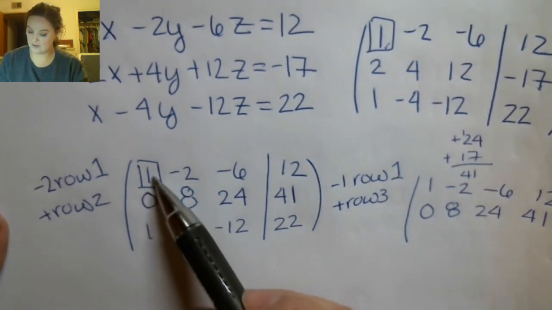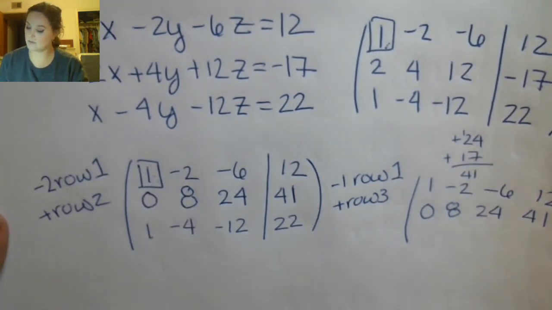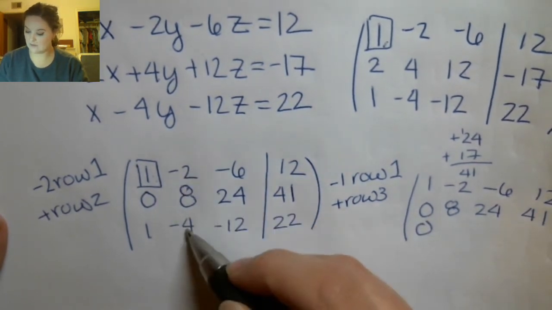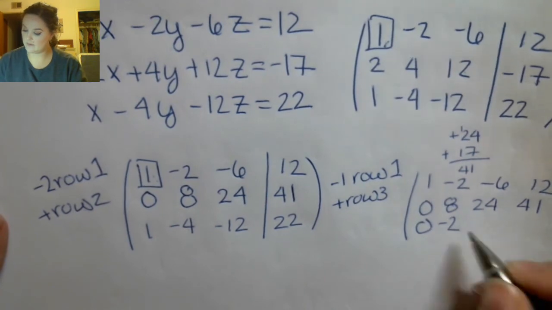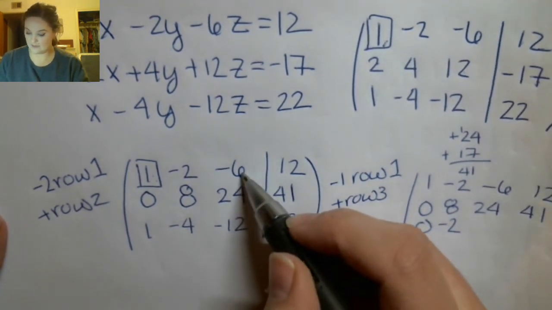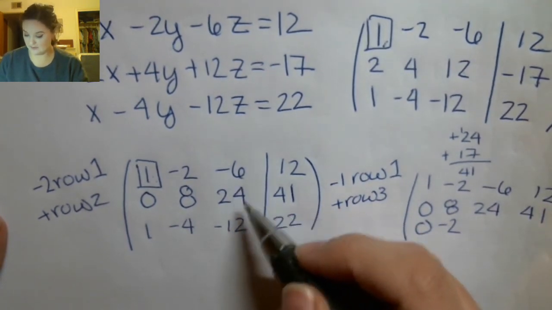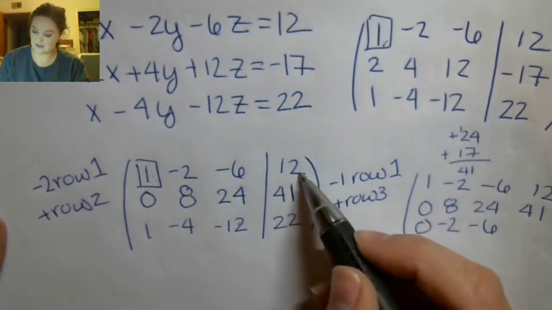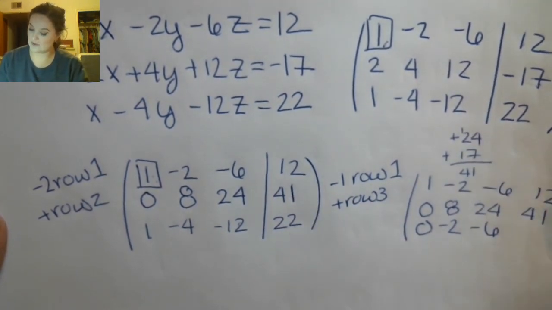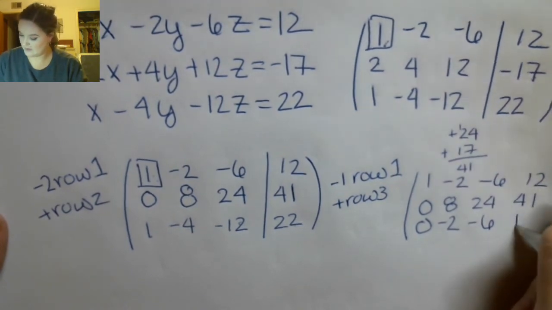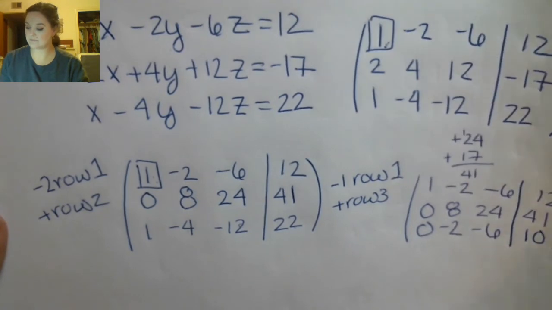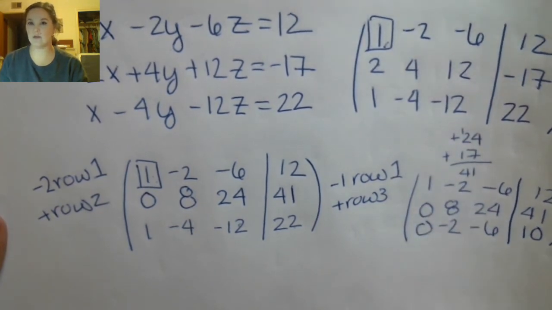And then I'm going to do -1 times 1 is -1, plus 1 is 0. -1 times -2 is +2, plus -4 is -2. -1 times -6 is +6, plus -12 is -6. Okay. -12 plus 22 is +10. Okay. Now I have 1, 0, 0.